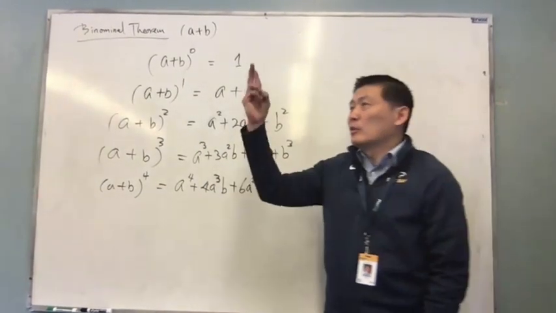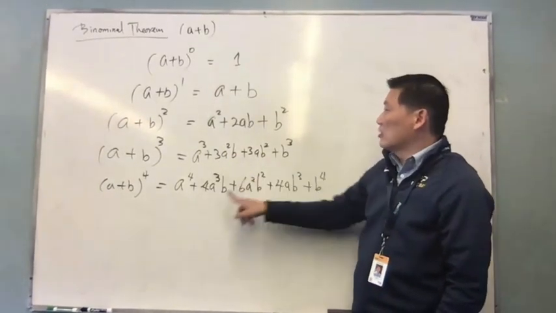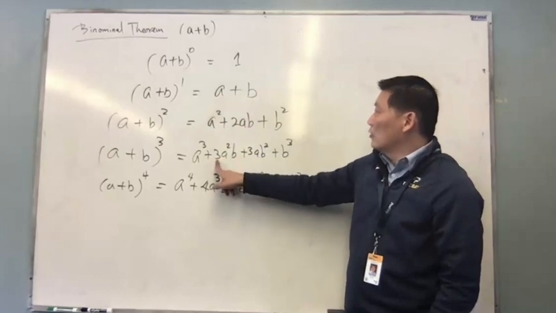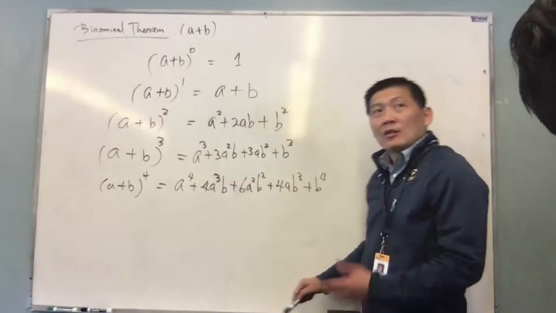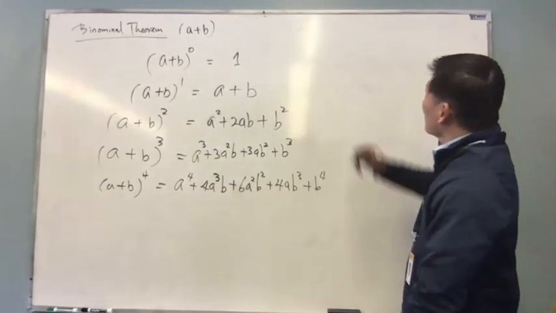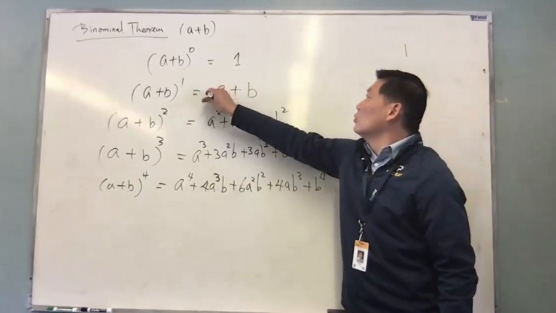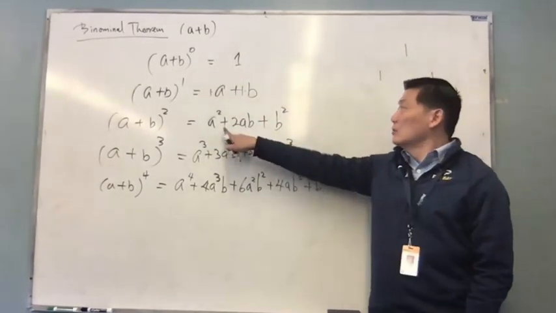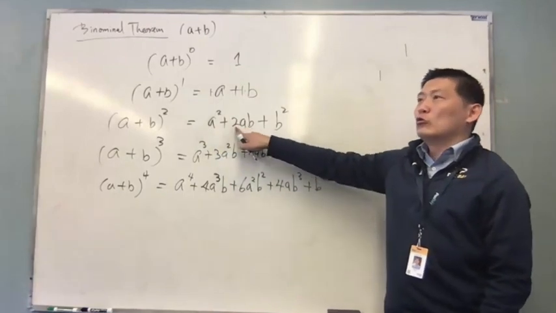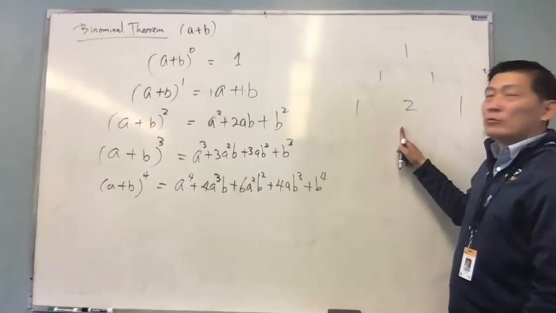Number 3, what we need to figure out is the coefficients in front of it. You got 3 here, and 1 and 1. You got 4, 6, and 4. Look at this. If we call this 1 and 1, this one we have 1, 2, 1. Where do I get this 2 from?